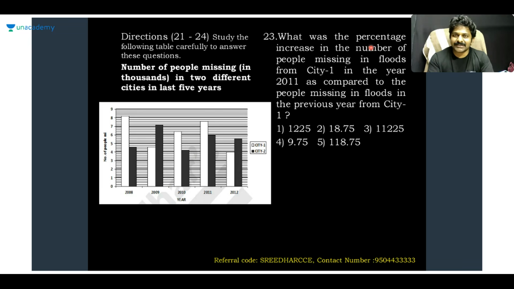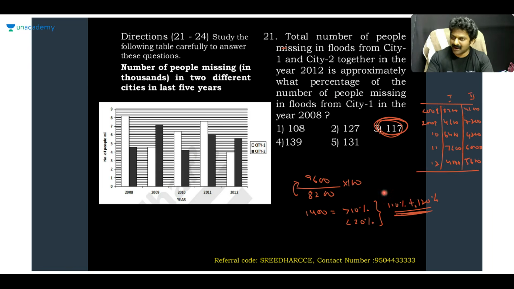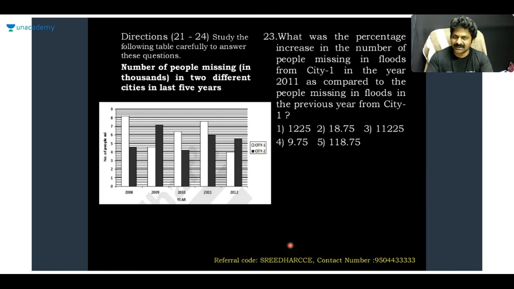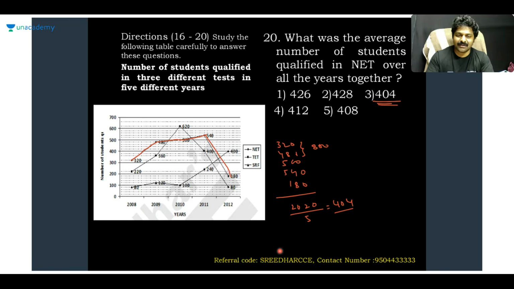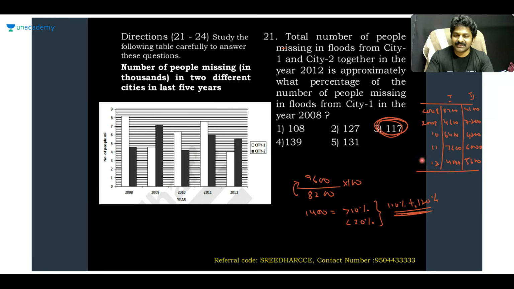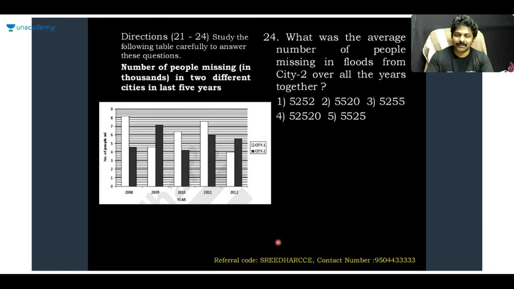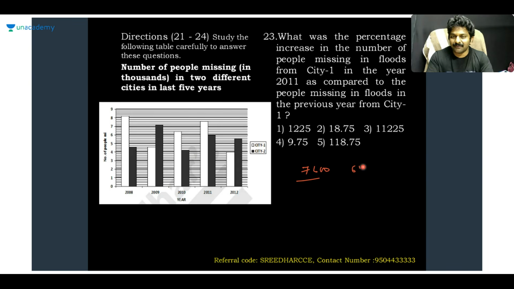What was the percentage increase in number of people missing in floods? City 1 2011, just now we got it, 7,600. Compared to the missing people in floods in the previous year from City 1, 6,400.